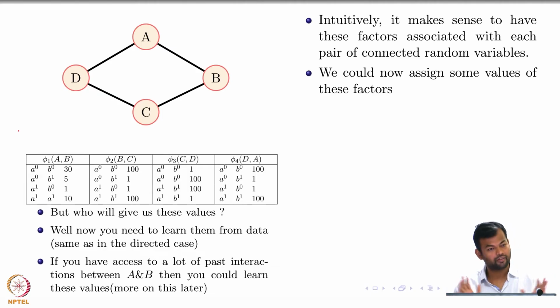So in principle, if you have a lot of past interactions between A and B, then you could learn this from data. Does that make sense?